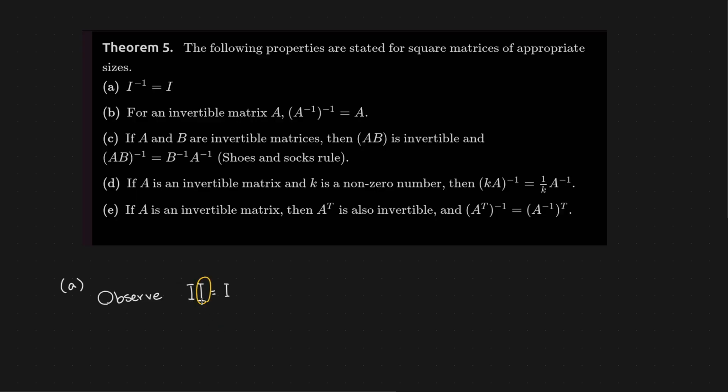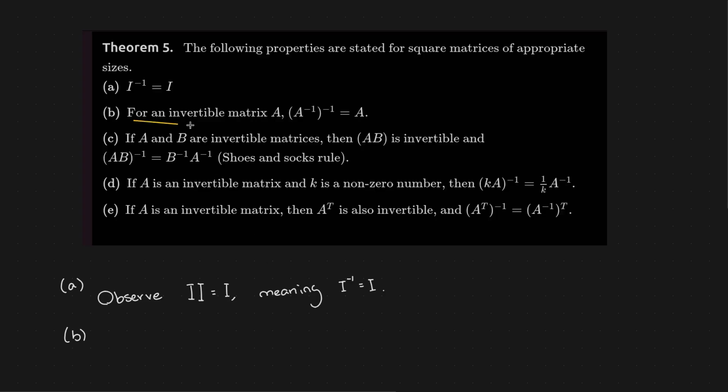So if I multiply this matrix by the identity matrix, I just get this matrix back. But since I got the identity matrix, that must mean that these two are inverses.